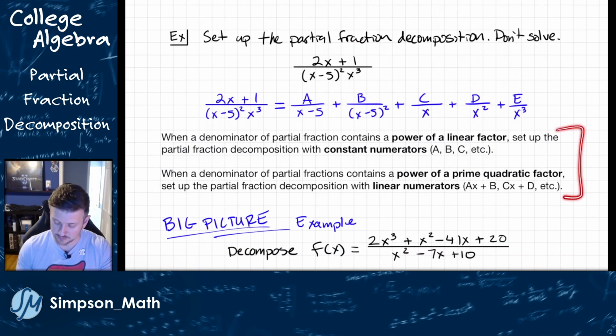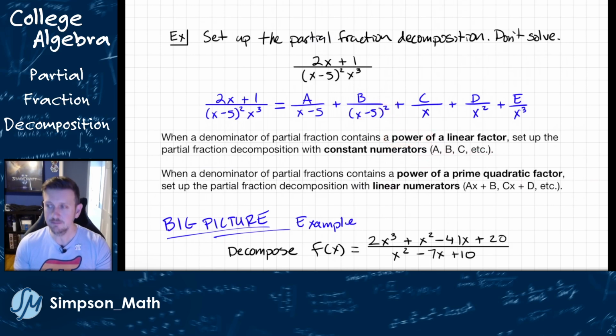So I have this note, just to clarify, when the denominator of a partial fraction contains the power of a linear factor, we're going to have constant numerators. When the denominator is the power of a prime quadratic factor, then we have linear numerators. So I'm talking about a linear that's been raised to some power. So that's why they're constants.